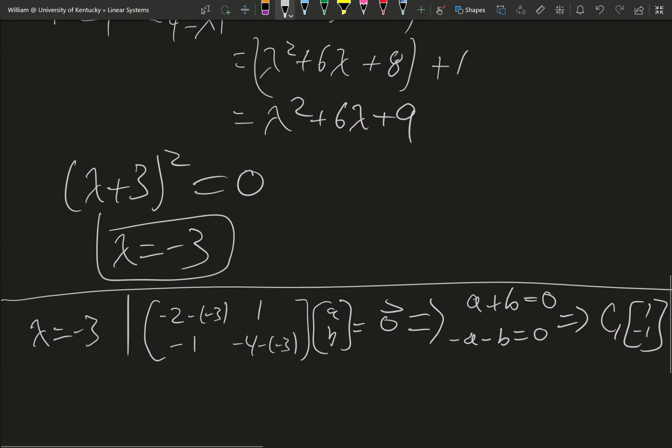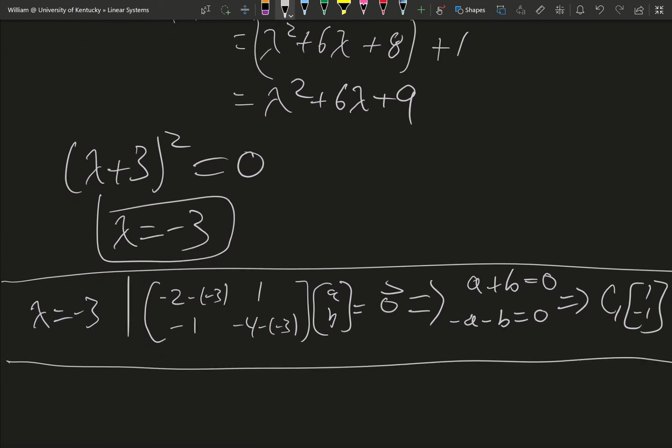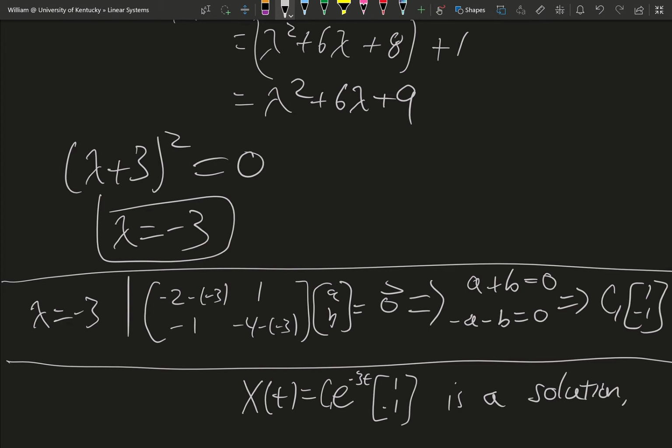Okay, so again we're in the same case. We have an eigenvector. From this we can say that e to the -3t C1 (1, -1) is a solution, or a collection of solutions, but it does not have the whole picture.